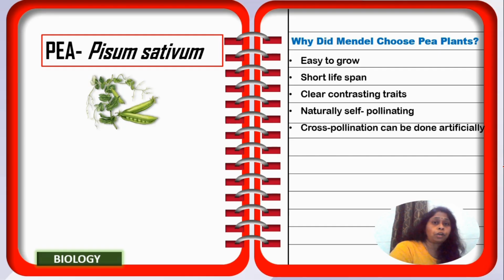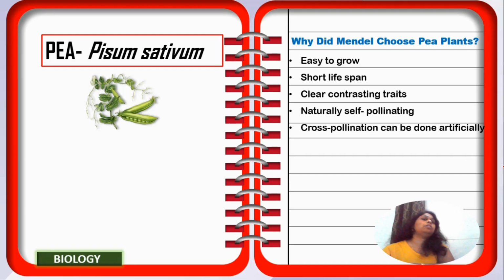It is also self-pollinating. What is pollination? Pollination is the process of transfer of pollen grains from the anther to the stigma. Self-pollination means within the same flower, the transfer of pollen grains from the anther to the stigma of the same flower.